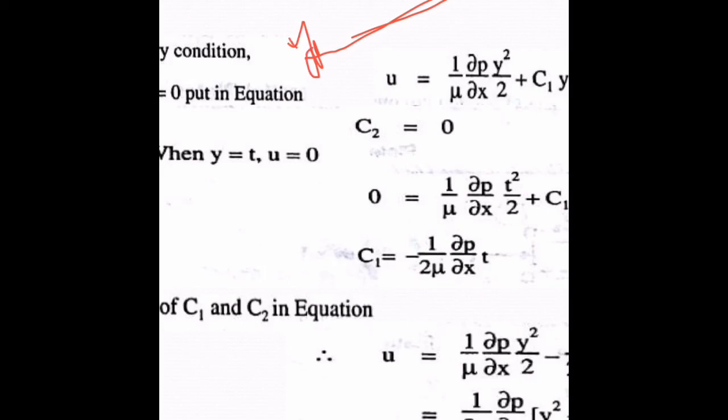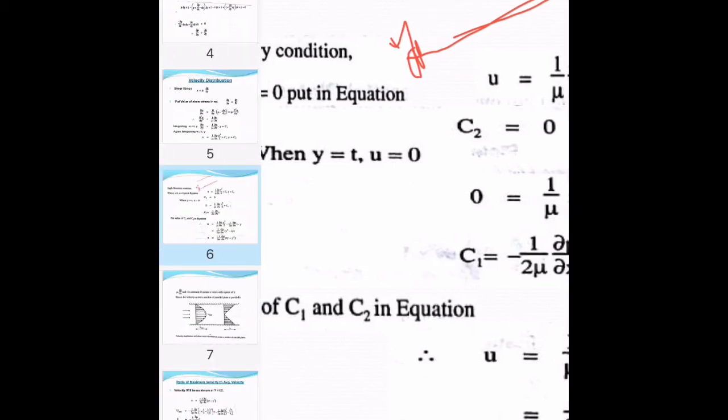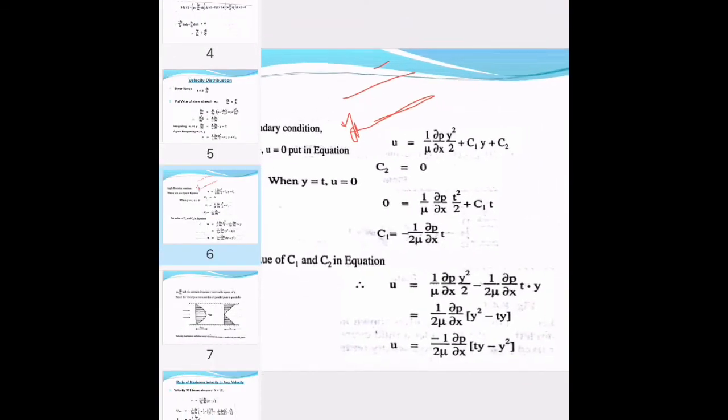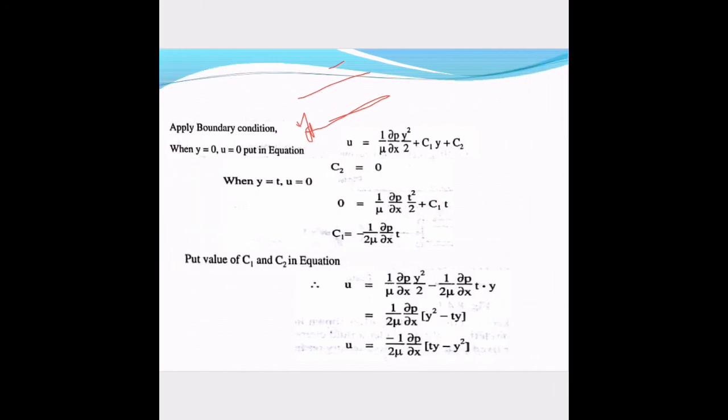Calculate yourself, all of you, and let me know what value you have got. If you put y equal to 0 and u equal to 0, the C2 value will be 0. Yes, C2 will be 0.